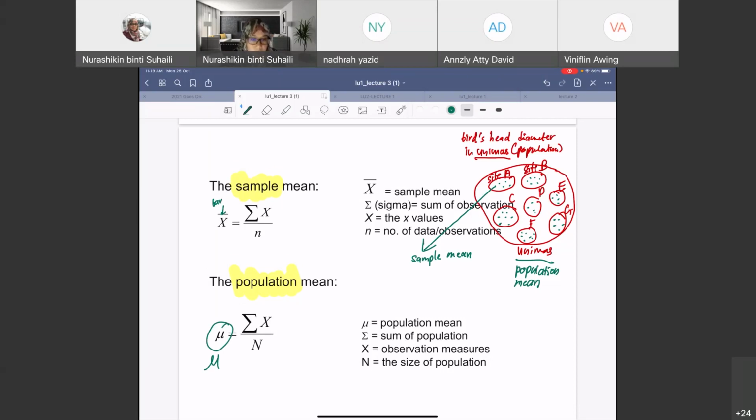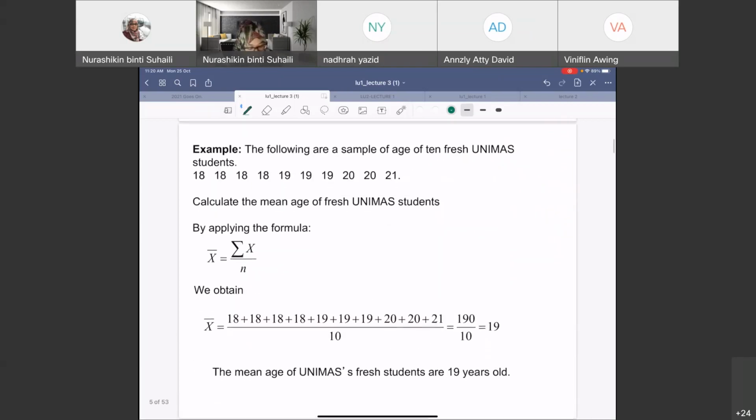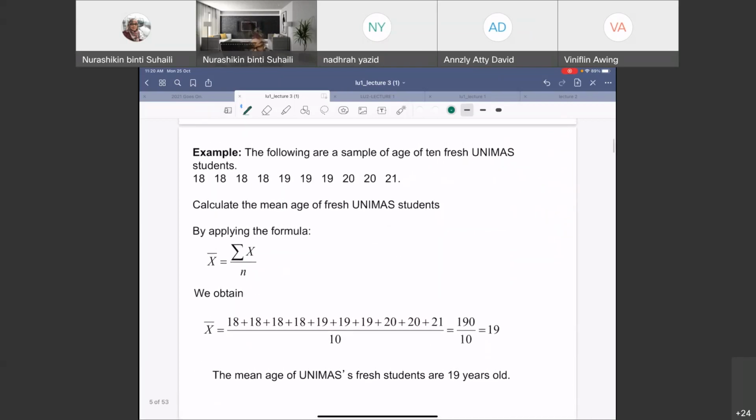The summation of the data divided by n, the number of data in the sample. For the population, it will be the total number of n, like nA plus nB plus nC plus nD. Now let's have a look at this example. This is straightforward.